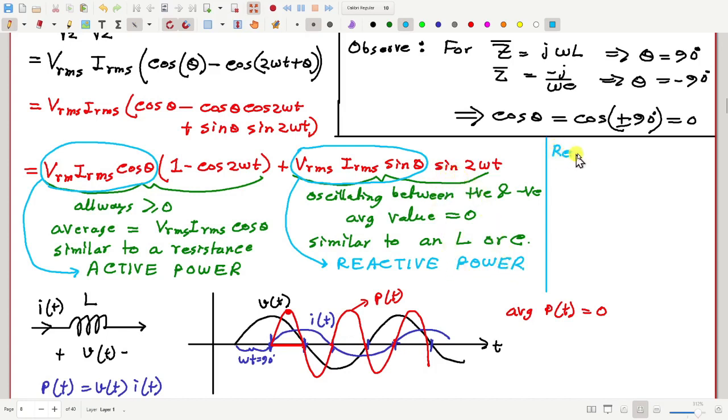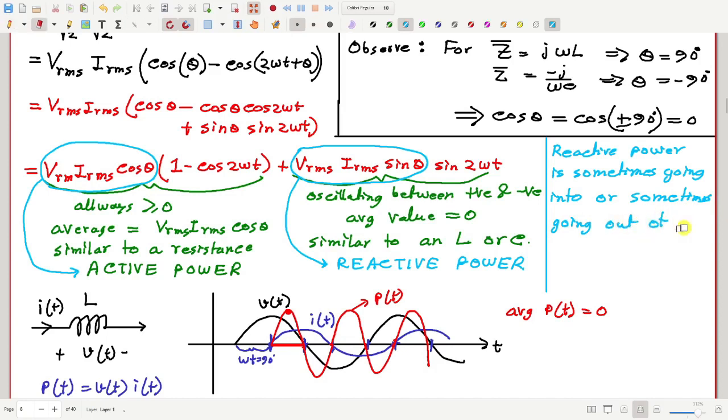So that means reactive power is sometimes going into or sometimes going out of the impedance Z. Sometimes it's coming in, sometimes it's going out.